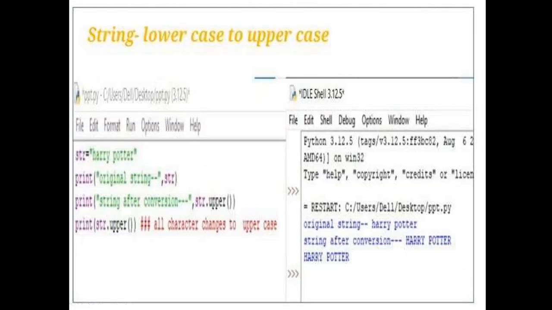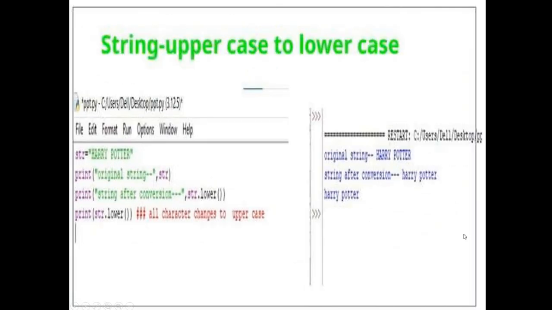So these are the programs. Print original string, str. Print string after conversion, str dot upper. The original string is Harry Potter in small characters. The string after conversion will be printed in uppercase characters. So this is Harry Potter in uppercase, and while using the lower built-in function, it will end up in lowercase characters.